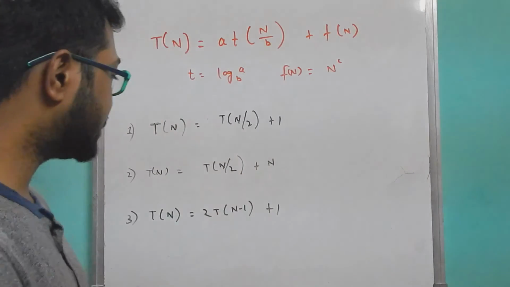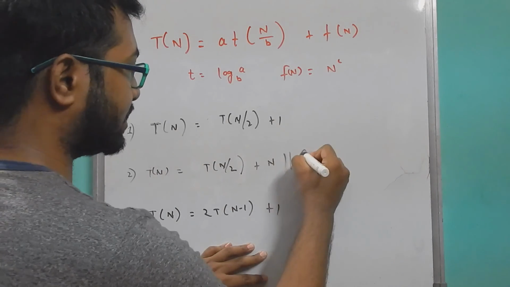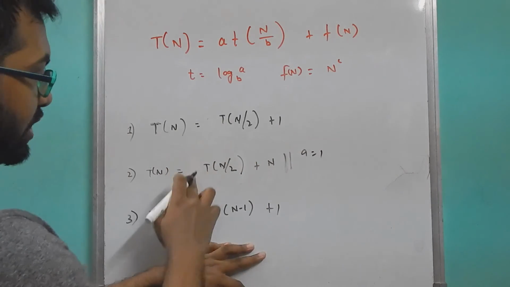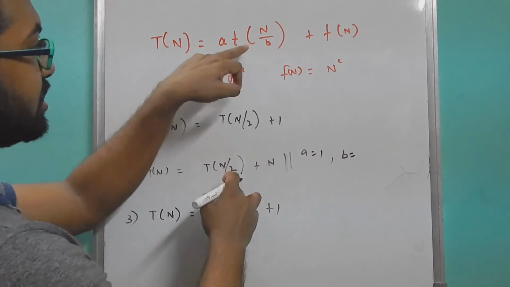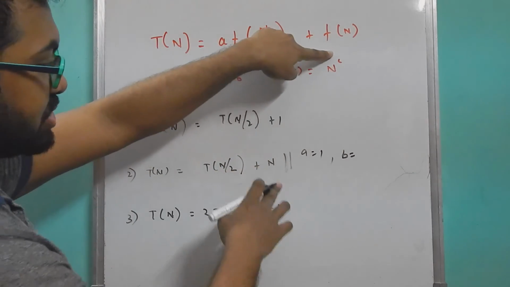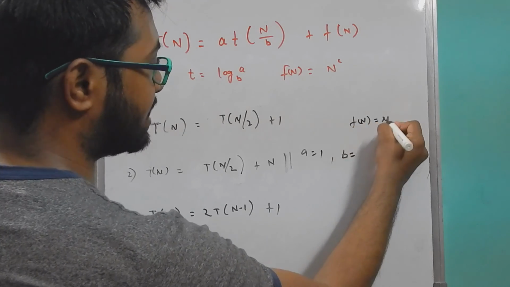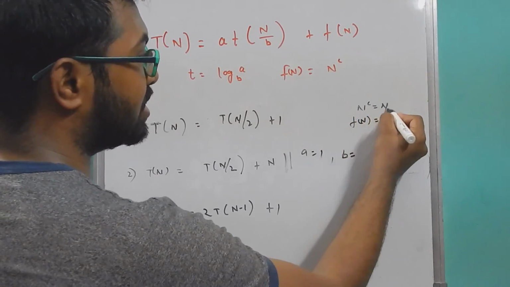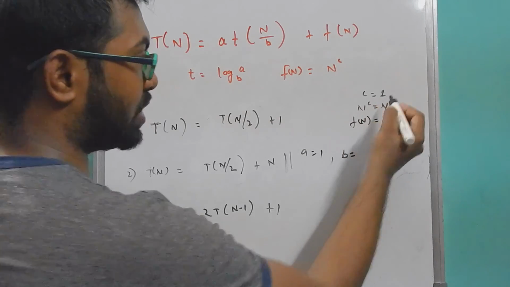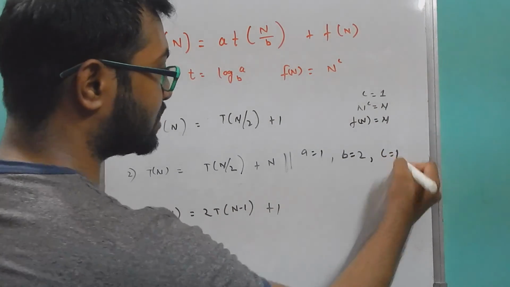Now in the second example, we can see the value of a is equal to 1 as usual, because it's 1 into something. b is equal to 2 because of n by 2 here, and f(n) is equal to n here. So n to the power c is equal to n, which means c is equal to 1 in this case. So b is 2 and c becomes 1.